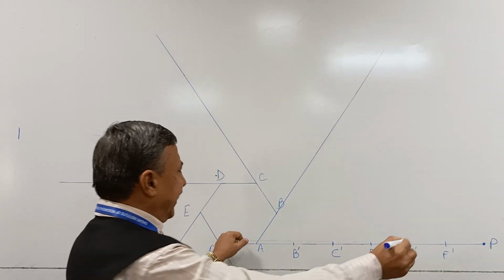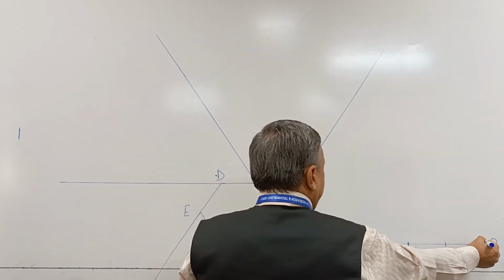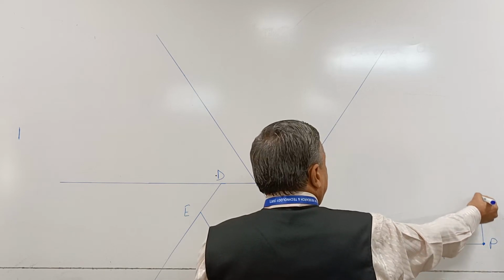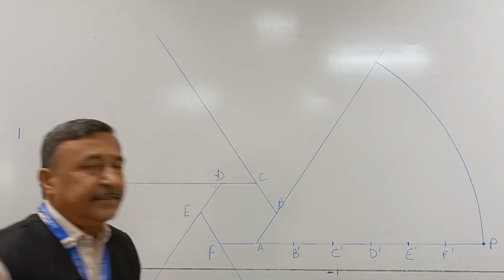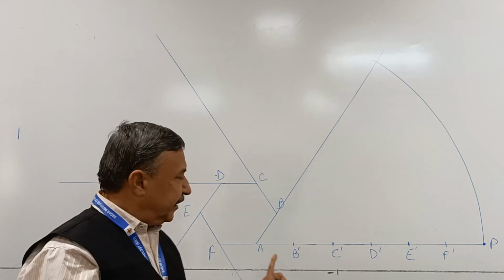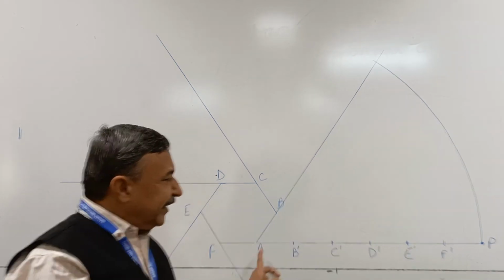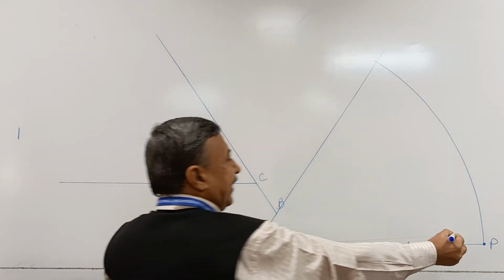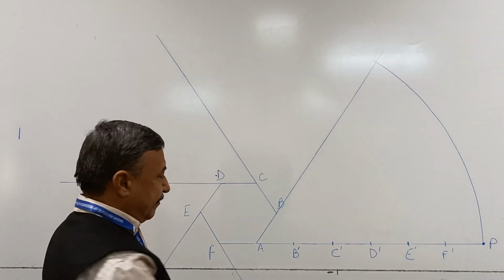Now first we take a distance A to P and construct an arc like this. Now listen once more. Center A and radius AP, and construct this arc.